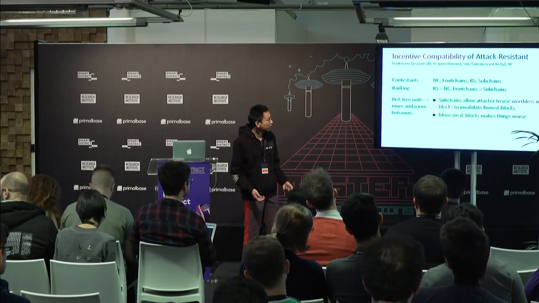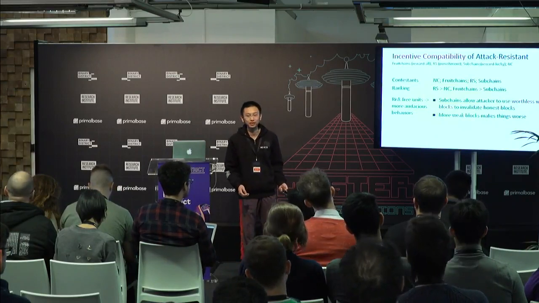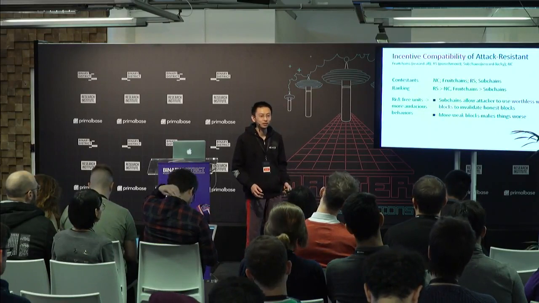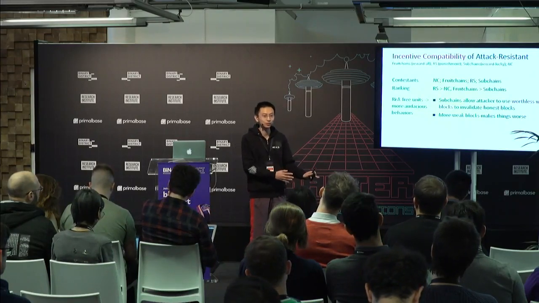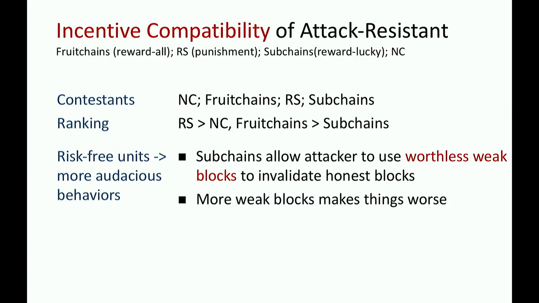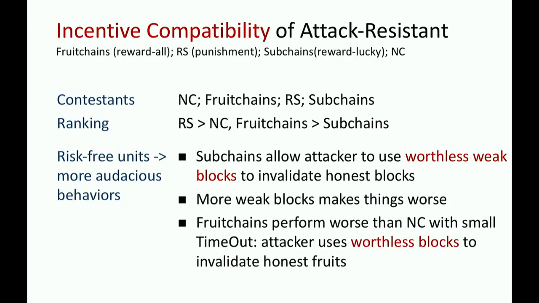And the more weak blocks, the worse the protocol behaves. So more weak blocks actually make things worse. So the best case is that you don't use weak blocks. It's advice on parameter choosing. And fruit chains perform worse than Nakamoto consensus with a small timeout value.